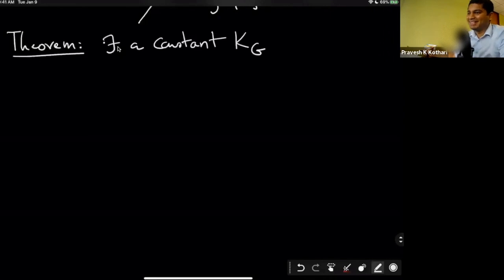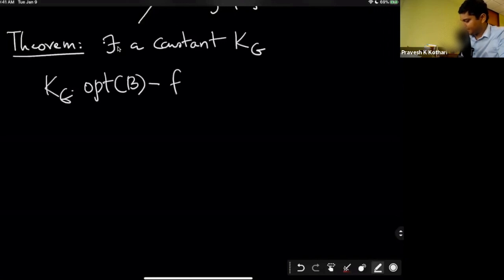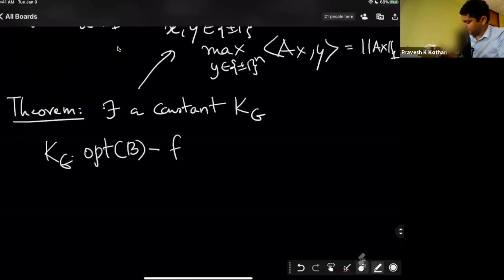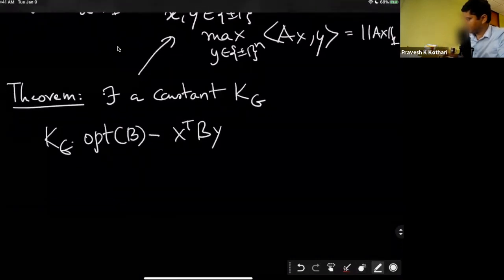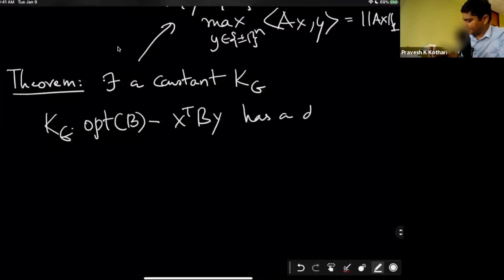So here's a theorem. There exists a constant, let's call it K sub G, and G stands here not for the graph, but for Grothendieck. So there is a fixed constant called Grothendieck's constant, such that K_G opt of B minus F, just explicitly written, X transpose BY, has a degree 2 SOS certificate.